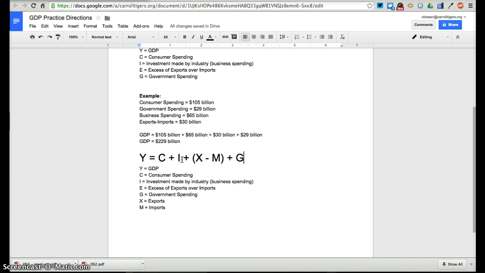Okay. This final component, G, government spending: the government buys goods and services with your tax money. So this G right here is where they get that spending. These purchases are a measure of those goods and services produced.